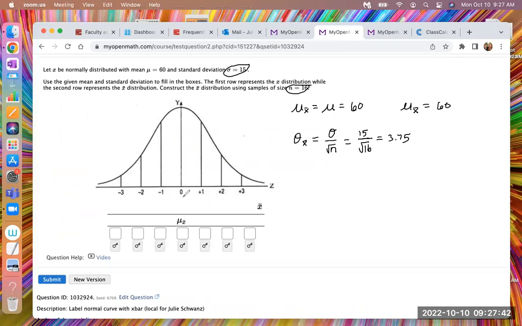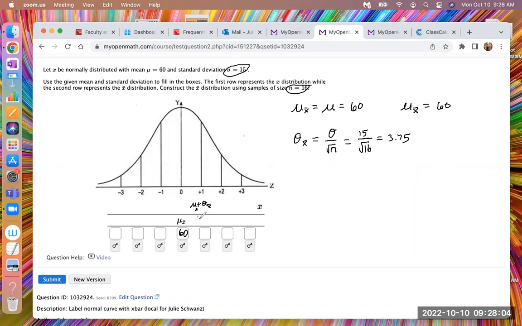Now I just have to write in the mean in the middle, where the peak happens. So that's the 60. And this right here is the mean plus 1 standard deviation. This is X bar mean and X bar standard deviation.